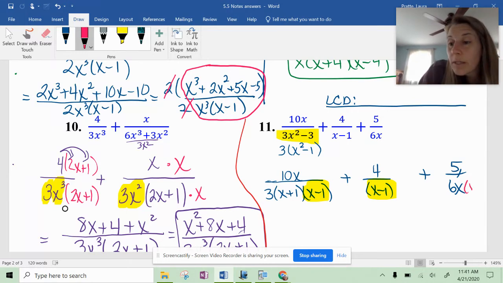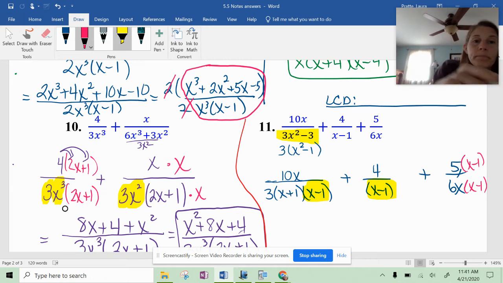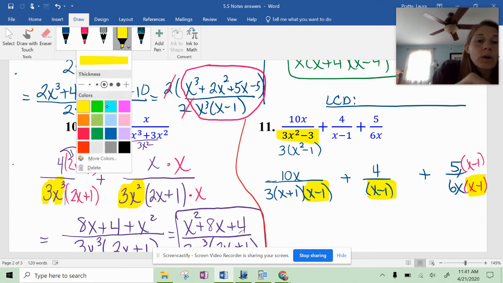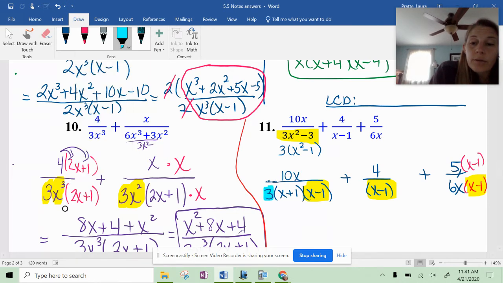So I know I'm going to need an x minus 1 over here. So now we got those three. They're all the same. Now, I see that the first one has a 3 and this one has a 6. So what would be my LCD there? 6. So I need to multiply this one by 2 and this one by 2. Or actually, no, this one needs to be multiplied by 6, sorry.